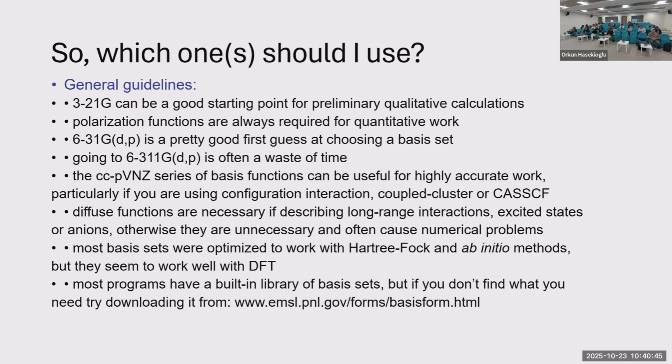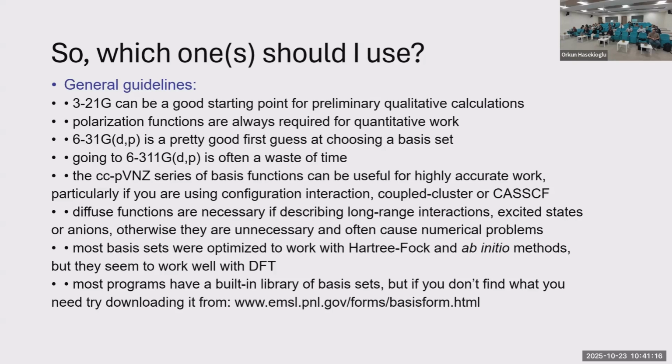But general guidelines are: 3-21G can be a good starting point for preliminary qualitative calculations because it's fast. Polarization functions are always required for quantitative work. 6-31G(d,p) is a pretty good first guess at choosing a basis set. And going to 6-311G(d,p) is often a waste of time.